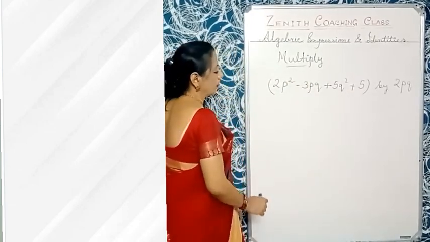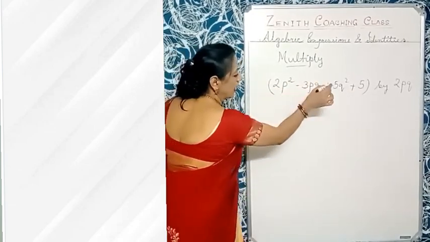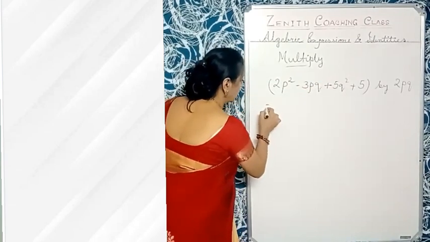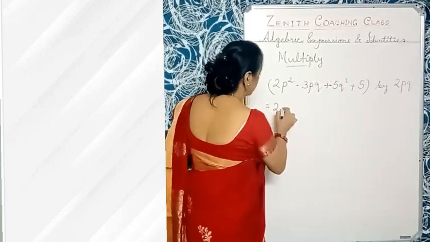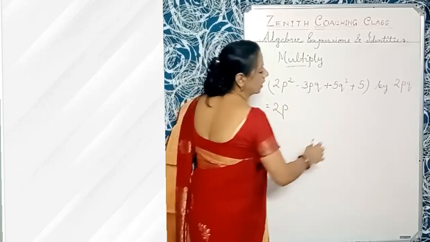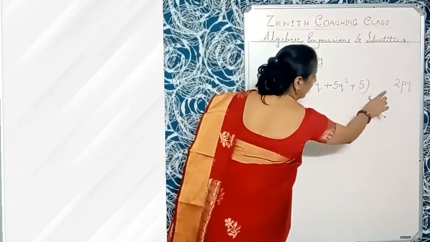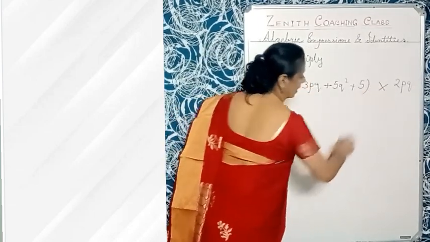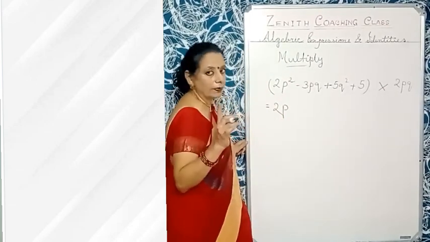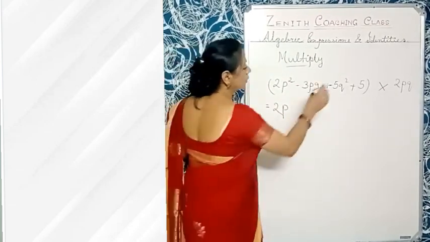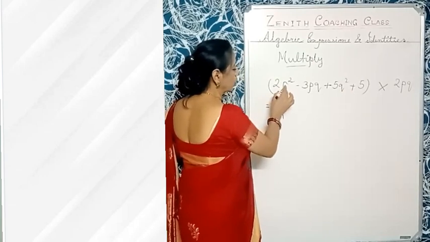So what you have to write? You will copy the sum again, omit the word by, and write the multiplication sum. I am not writing here, but you have to write, children.